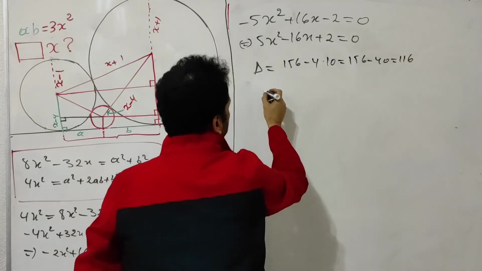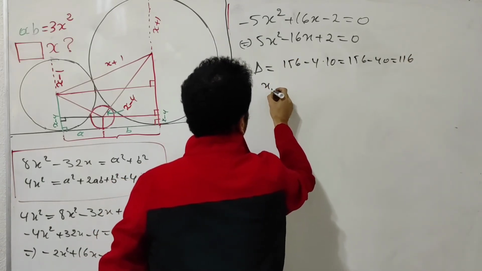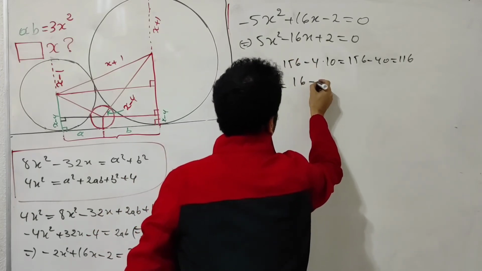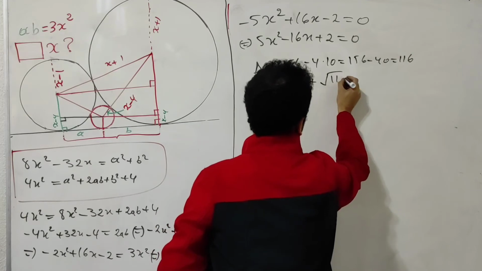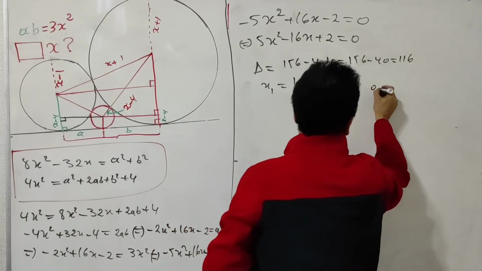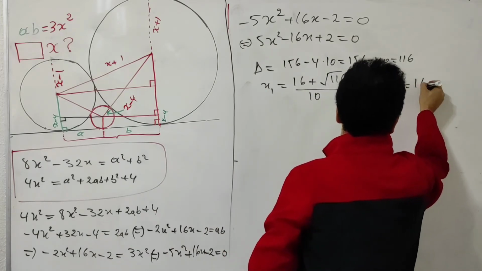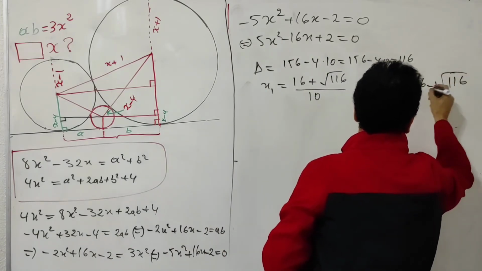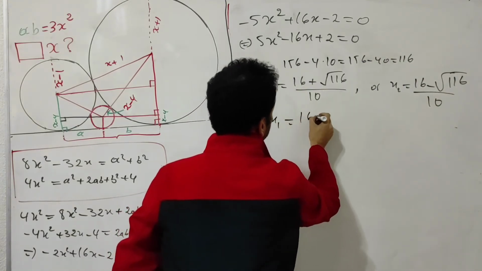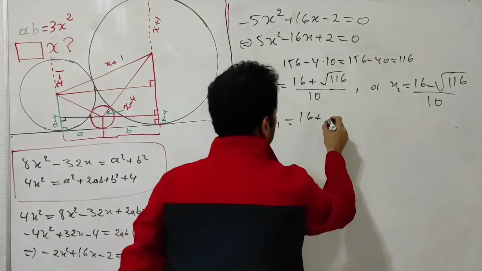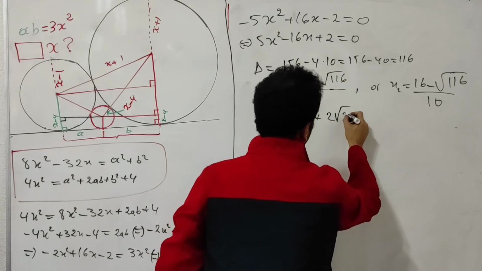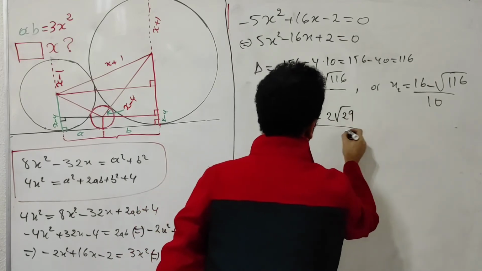Okay, so we'll calculate x. We'll have two solutions, x1, which is minus b, which is 16, plus square root of 116 over 10, or x2 equal to 16 minus square root of 116 over 10. x1 equals 16 plus the square root of 116, which is 2 multiplied by square root of 29, over 10.